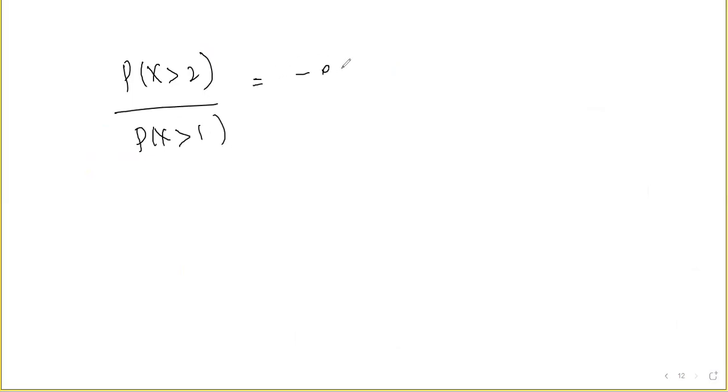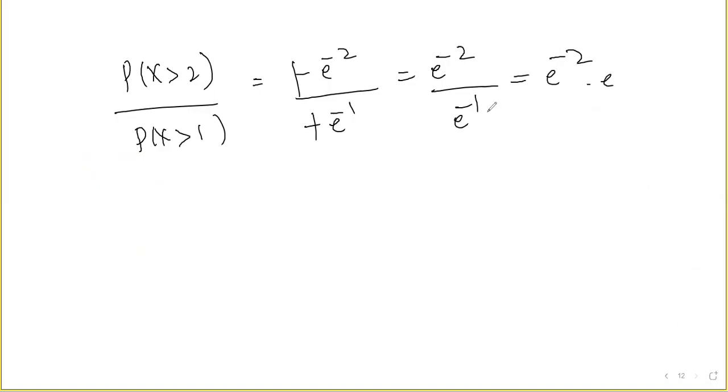Here minus e power minus 2 we have, and the minus gets cancelled. So e power minus 2 divided by e power minus 1 will be your answer. Or you can take it further: e power minus 2 into e power 1, it will be e power minus 2 plus 1, which is nothing but e power minus 1. E power minus 1 is nothing but 1 by e.